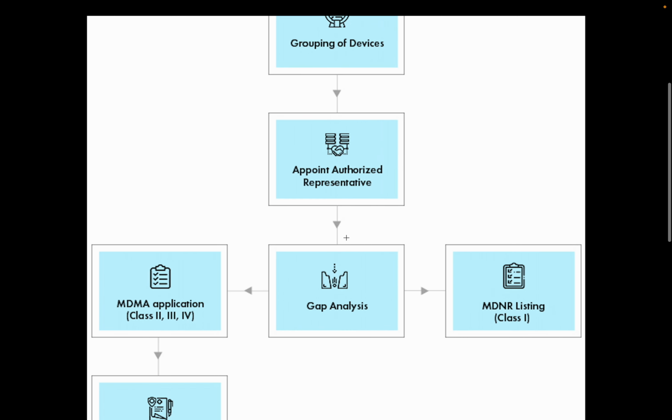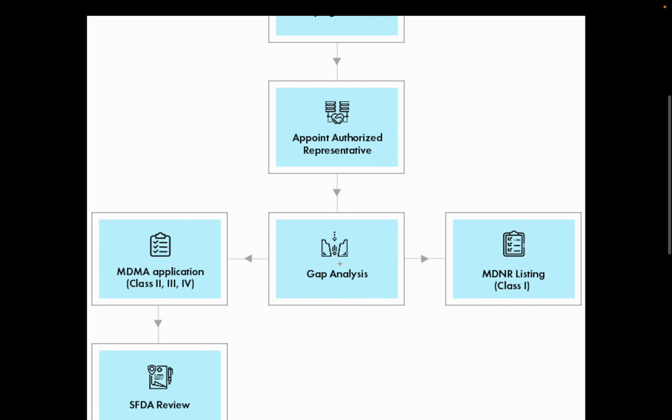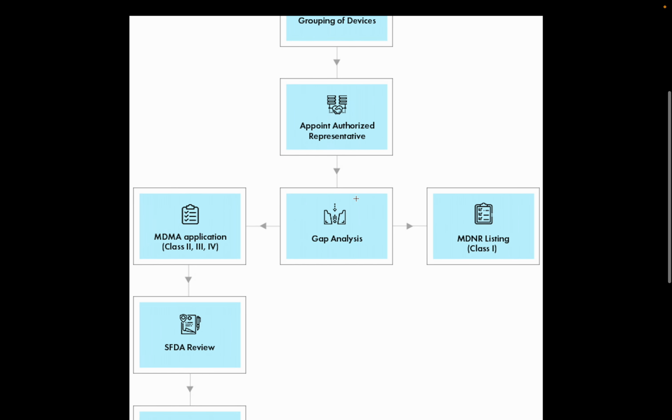Then you need to appoint an authorized representative, right? The moment you appoint an authorized representative, you now need to do a gap analysis, right? Gap analysis means before you go with the MDMA submission, you need to identify gaps in your documents in order to comply with the requirements.